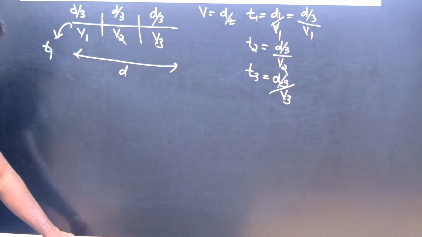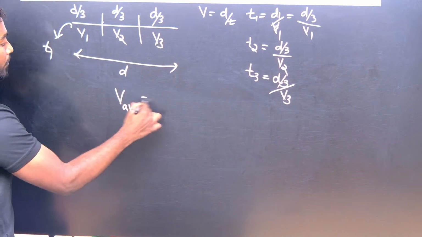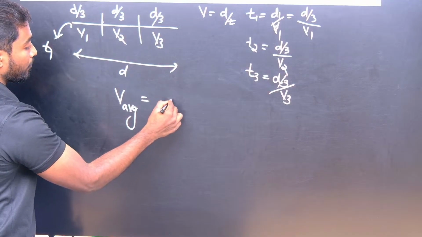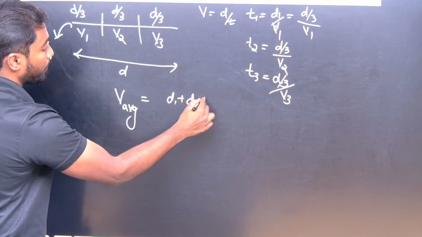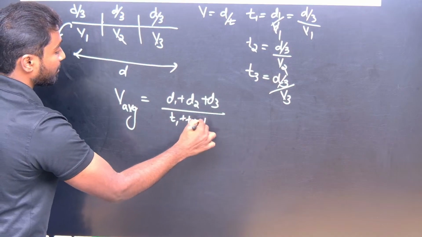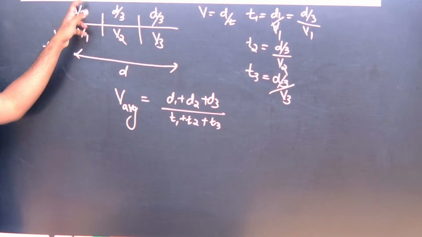Now average velocity, V average will be equal to total distance, d1 plus d2 plus d3 by t1 plus t2 plus t3. What is d1, d2, d3? d by 3, d by 3, d by 3.